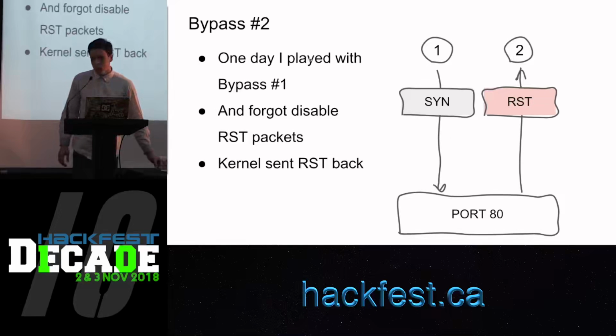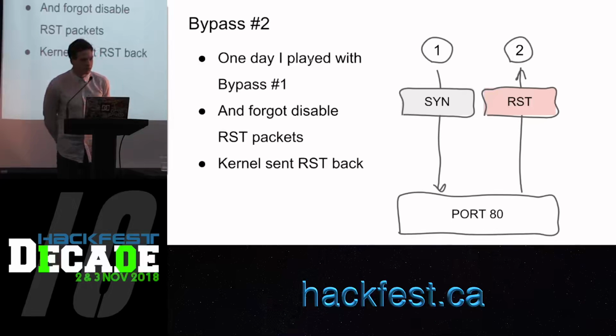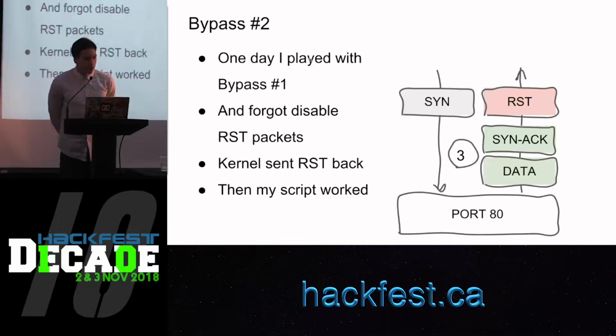So one day I played with my exploit for bypass number one, and of course I forgot to disable these packets. And what happened? As it should, Linux did send a TCP reset packet back to a client trying to connect to port 80. What happened next? Of course, my exploit was listening to an interface.